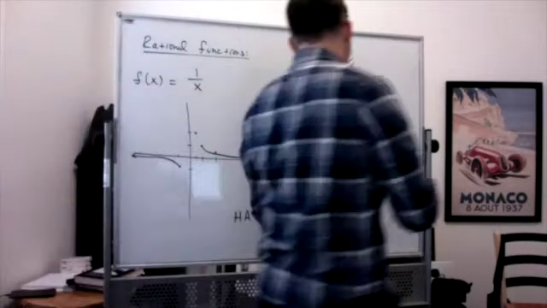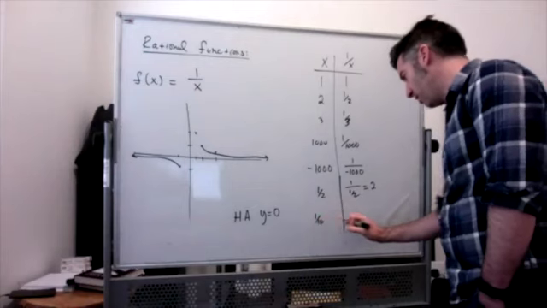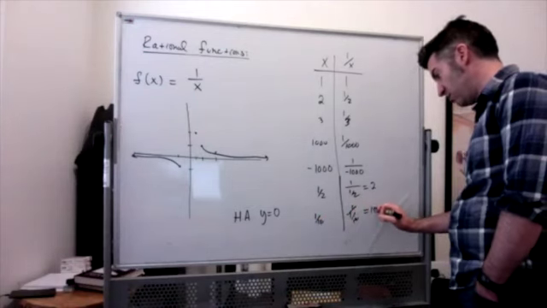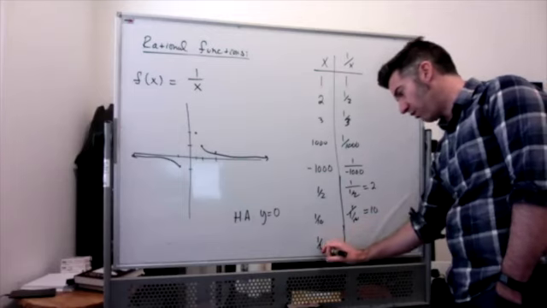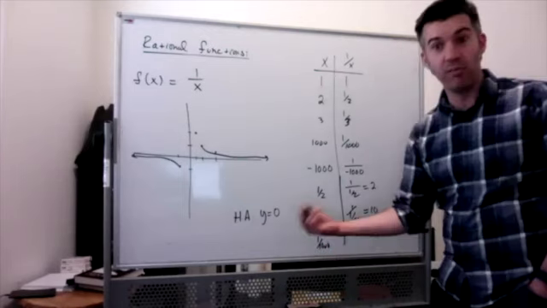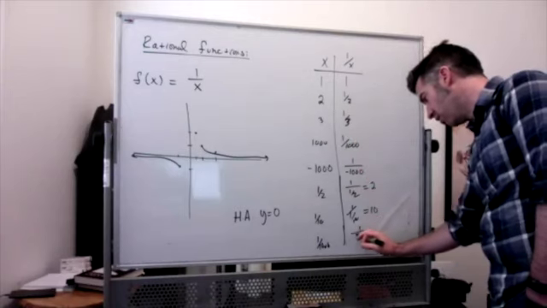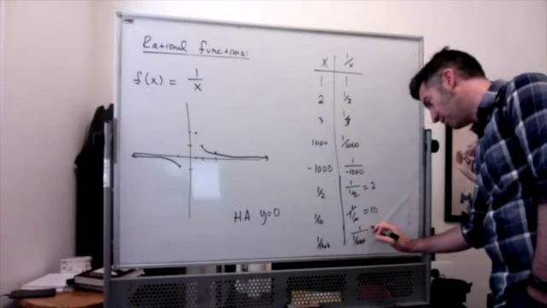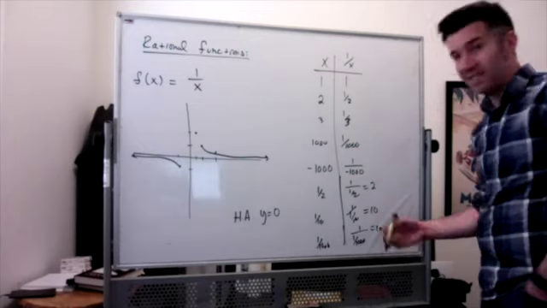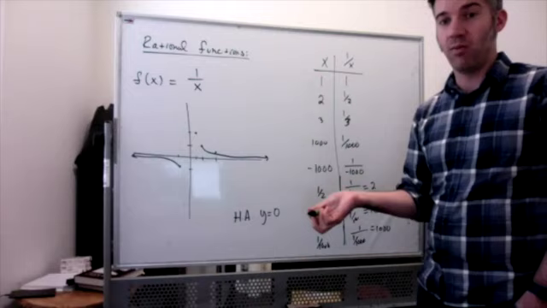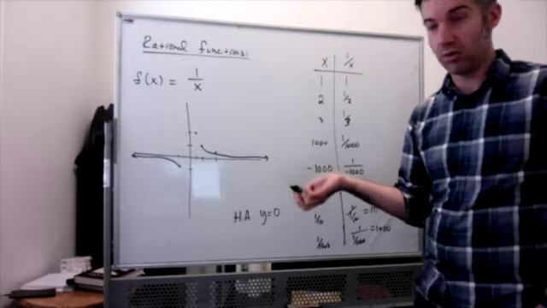Or if x was, say, 1/10, y would be 1 over 1/10, which is 10. Or if x was 1 over 1,000, which is still bigger than 0, right? It's a very small positive number. Y is going to be 1,000. So as the x values get closer and closer to being 0, the y values get larger and larger and larger.